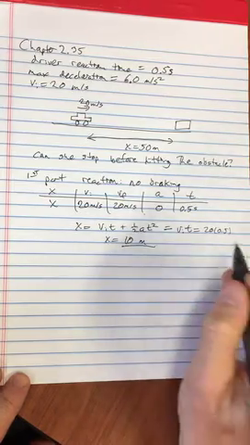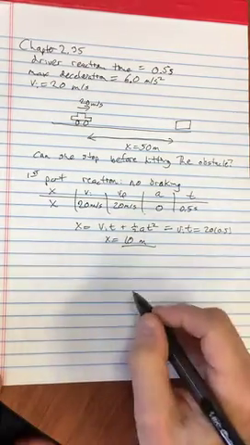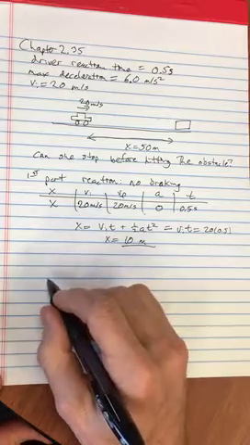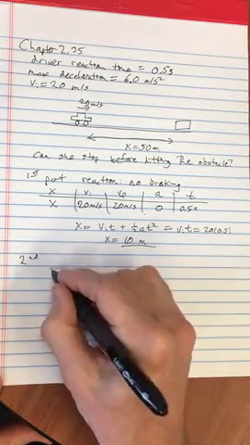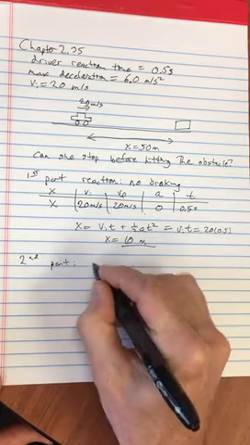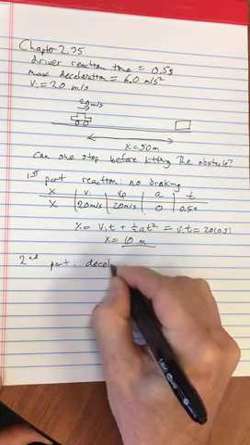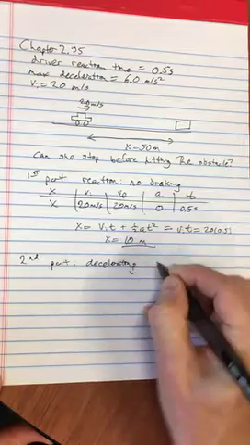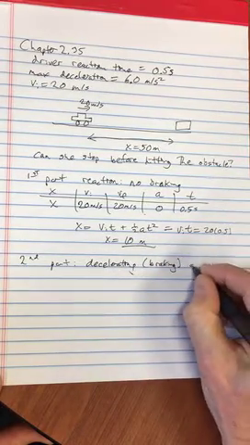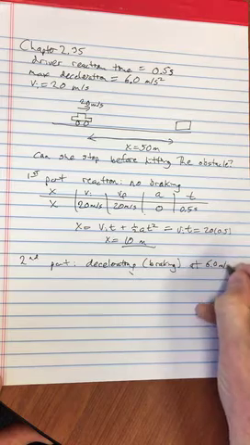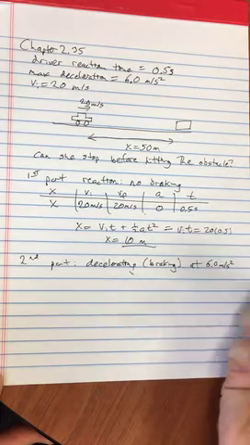Okay, so now she has 40 meters, and the question is, can she stop before she hits that? So in the second part of the problem, she is decelerating, or braking, at 6 meters per second squared. Of course, she's decelerating.